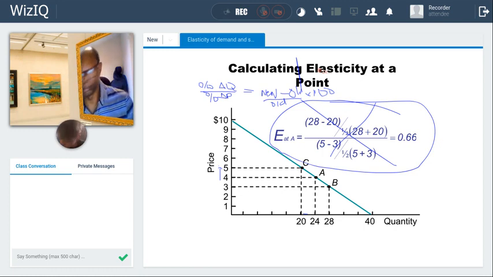So we've got 4 divided by 24 times 100. That's 16.6, so 16.6 is a minus. And then work out the change in the price. The price has changed from 4 to 5, so that is 25%.